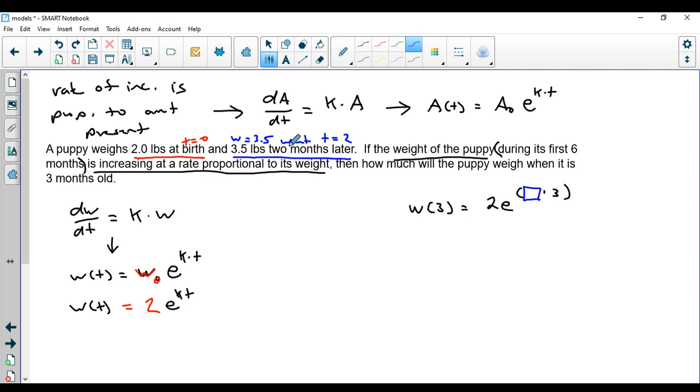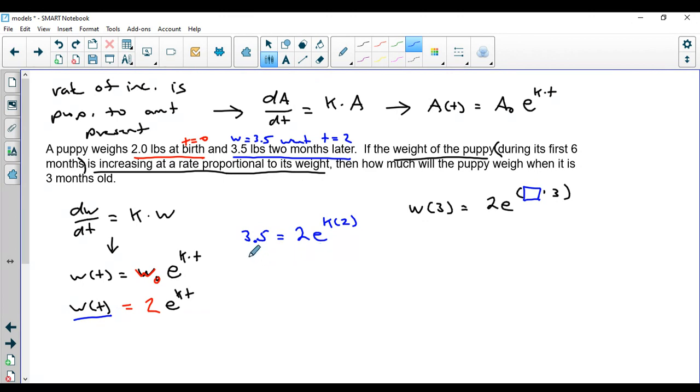Now if I chuck 3.5 in for W, 3.5 equals 2 times e to the, I don't know what k is, but in this instant, if I put 3.5 here, that means my time value here has to be 2. This is the amount present after this time. These go hand in hand. That's pretty neat, because what does that allow you to solve for? It allows you to solve for k. First thing I might do is divide both sides by 2.